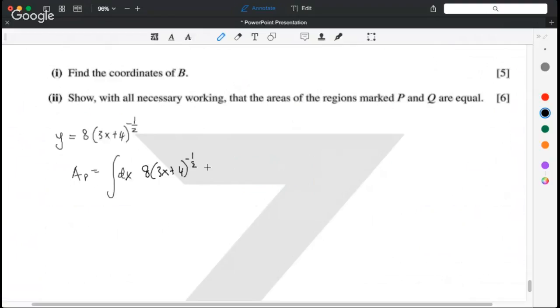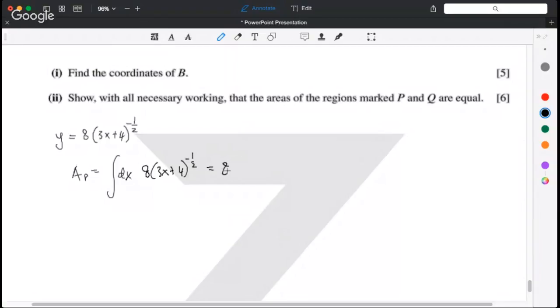And the trick here is to think about what could have led to this -1/2. Well, you're probably used to seeing that when you start out with something that's to the power of a half, i.e. a square root, and you differentiate it, you end up with a half minus 1, which is -1/2. You end up with a square root on the bottom. So that's what's happened here.